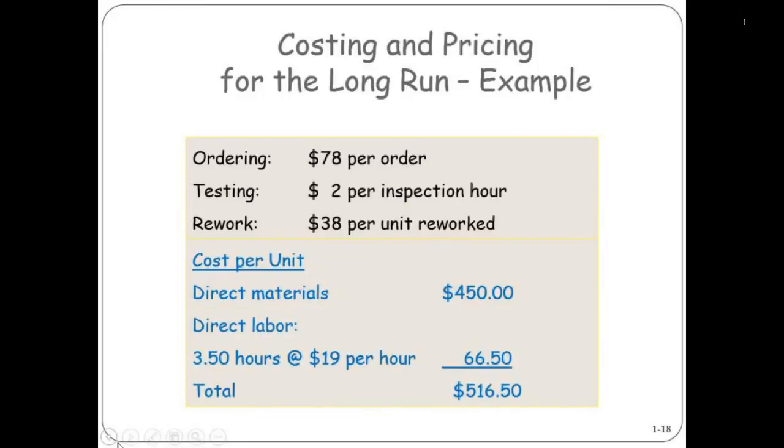Based upon what we know, the cost per unit is $450 for materials because you do a lot of component buying and you put it all together. And labor is 3.5 hours at $19 an hour. So the total cost per unit is $560.50 plus these costs.